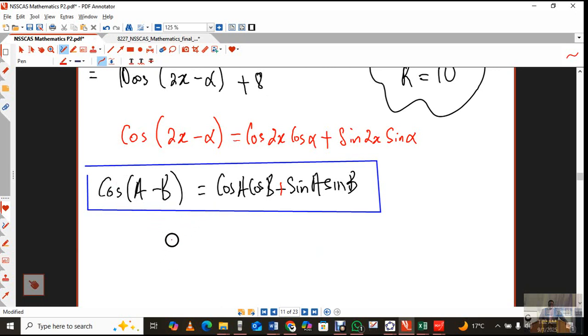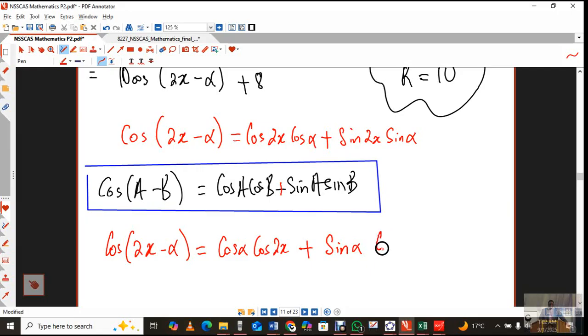So I just want to compare. So cos 2x minus alpha is equal to, I'm going to say cos alpha first, and then I have cos 2x. I'm just rearranging them, so to speak. Then I have sine alpha, and on this side, sine of 2x. The reason I'm doing that is I want you to compare coefficients.